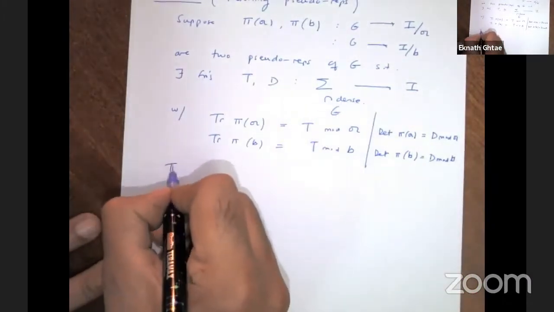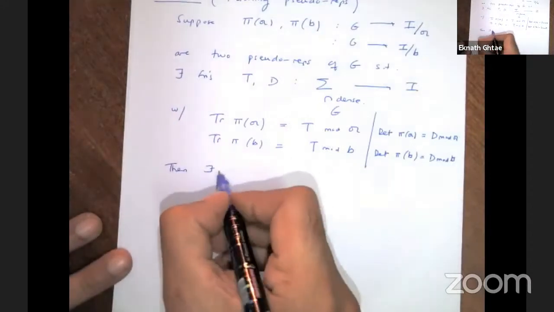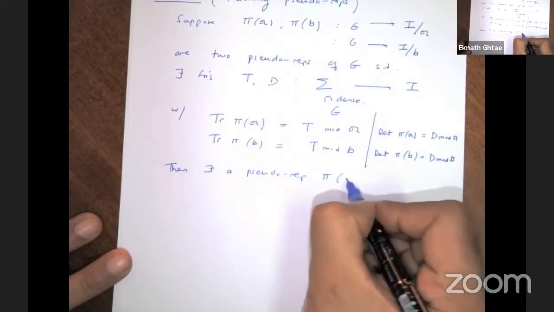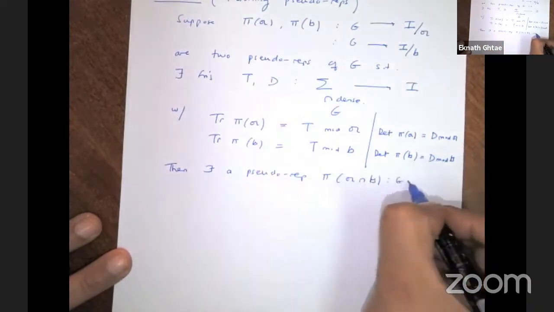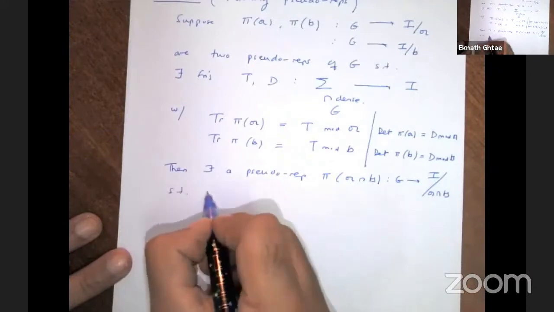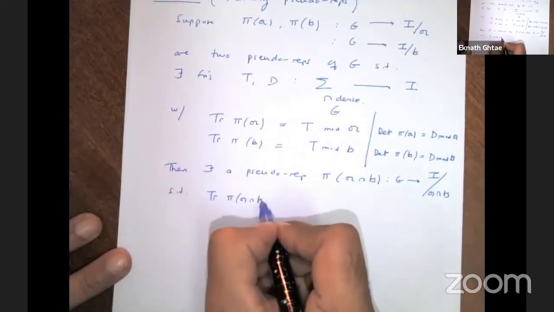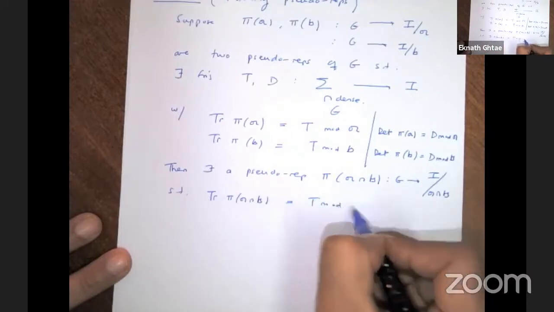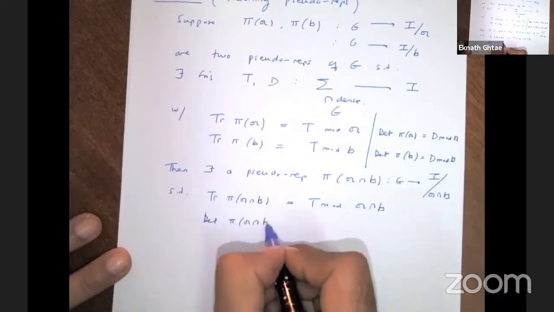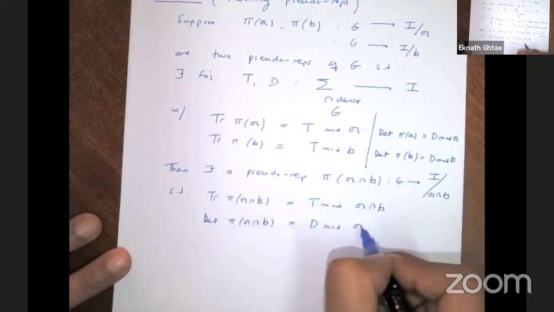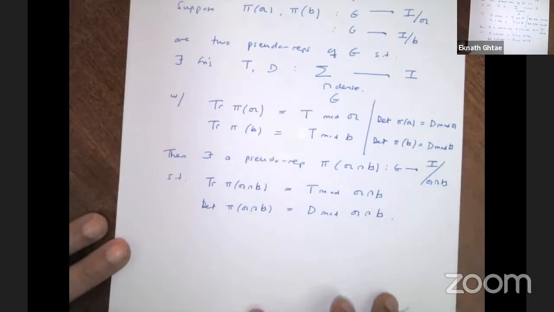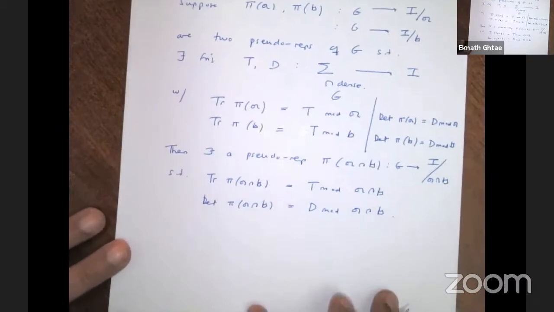Then there's a pseudo representation pi on the intersection such that the trace of pi of A intersection B is T mod A intersection B, and the determinant of pi of A intersection B is equal to D mod A intersection B. So you can somehow glue them together.